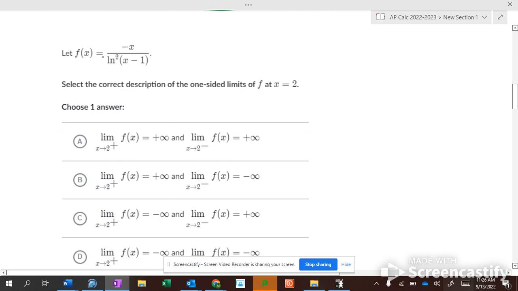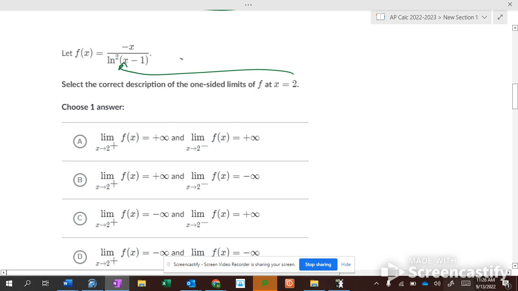A natural log squared is always going to be positive, right? If we put a number in here and square it, it's always going to be positive, especially at 2. 2 minus 1: if we put in a 2 here, 2 minus 1 is 1, and we're taking the natural log of 1.